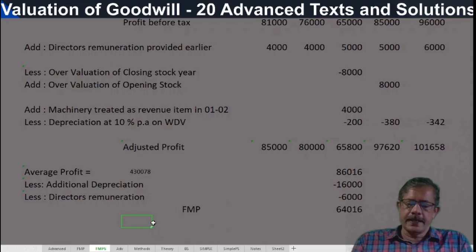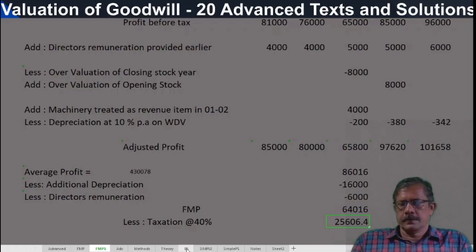From that, deduct tax. Less taxation. The new rate of taxation is 40%. It's already mentioned in the question. At the rate of 40%, this into 40%. That's the taxation we got.